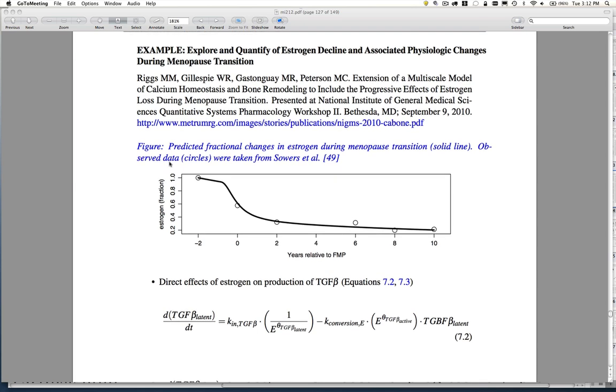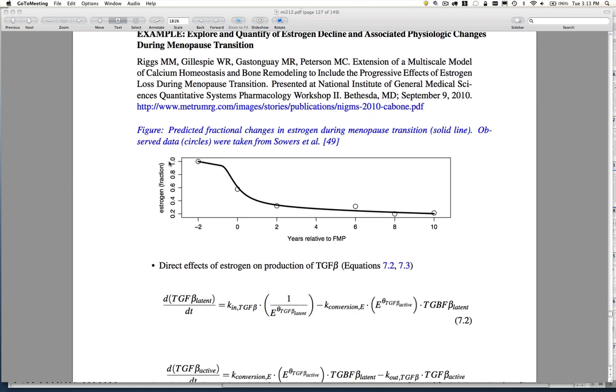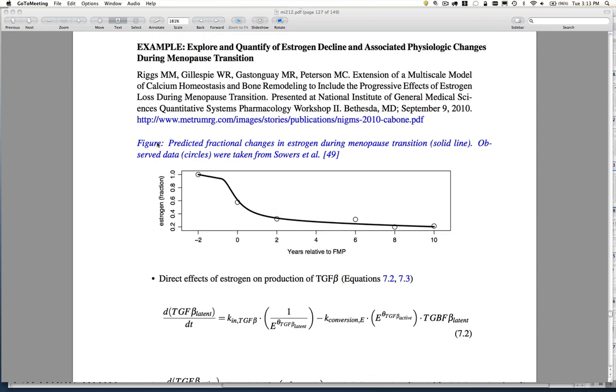There's some evidence that it may affect that rank ligand OPG system, and there's also some evidence that estrogen may affect the apoptosis system for osteoblasts. And so in a sense you can use a model like this to help probe some of those effects and determine which of those changes would be kinetically consistent with observed clinical changes.